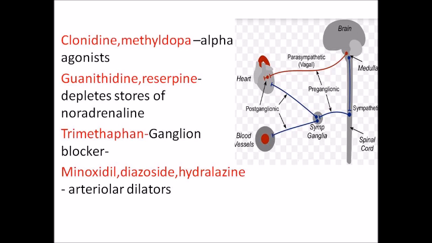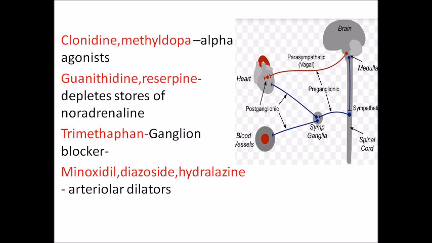That is, the adrenergic nerves must transmit the neurotransmitter noradrenaline to regulate the BP in the blood vessels. So if we can block the adrenergic nerves and we can deplete the stores of noradrenaline, that can be used as an antihypertensive. So such drugs are guanethidine and reserpine. Guanethidine and reserpine are blockers of adrenergic nerves, or they deplete the stores of noradrenaline.